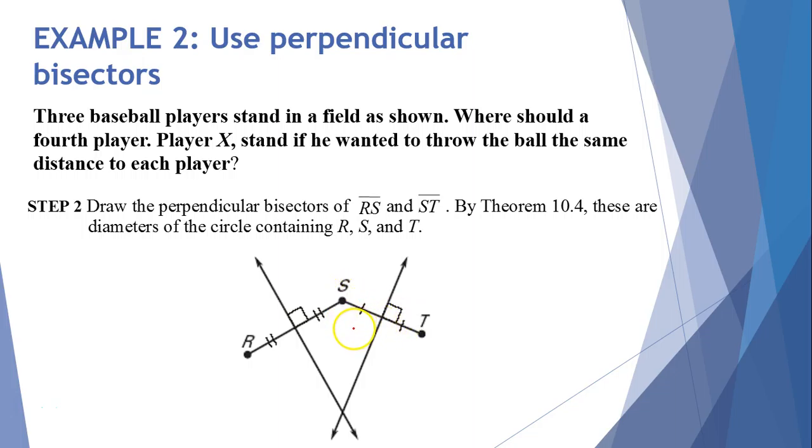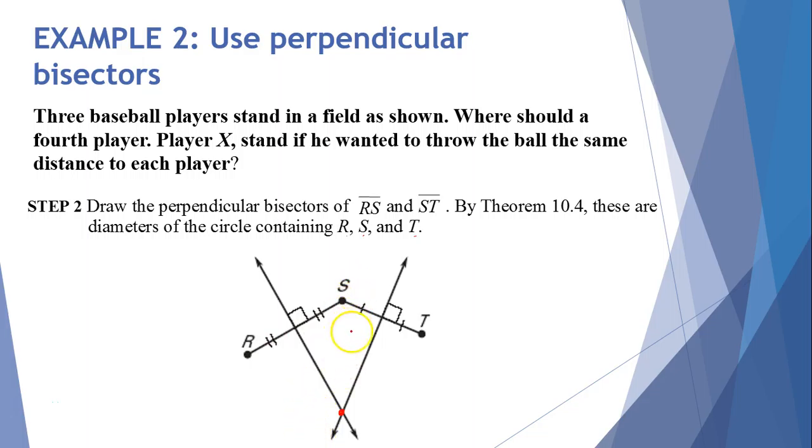Okay. And then by theorem 10.4, these are diameters of the circle containing RST. So we can draw with this intersection right here a circle containing all 3 of these points.